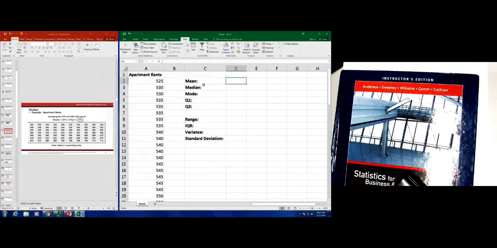We will use Excel to calculate the descriptive statistics, numerical measures like we discussed: mean, median, mode, first quartile, which is the 25th percentile, and third quartile, the 75th percentile.